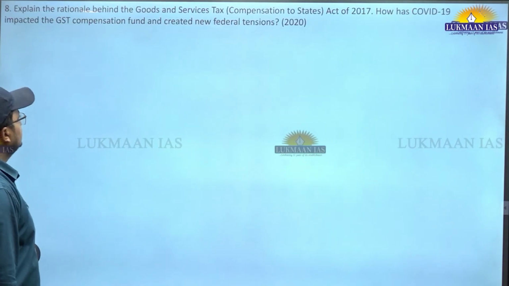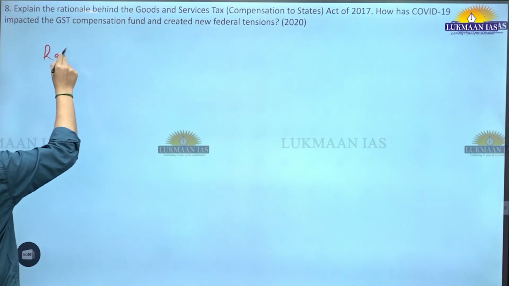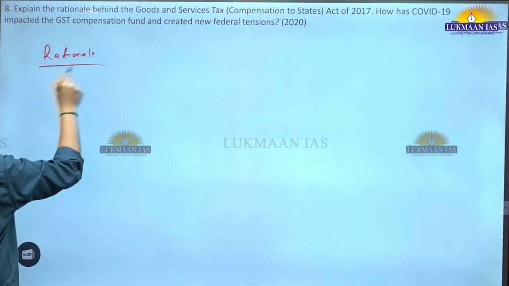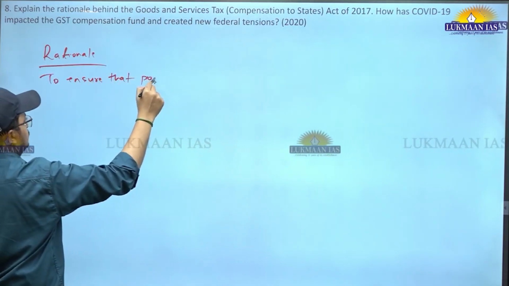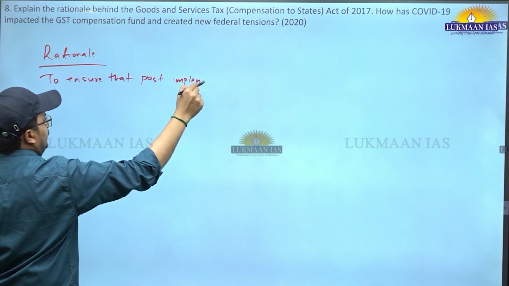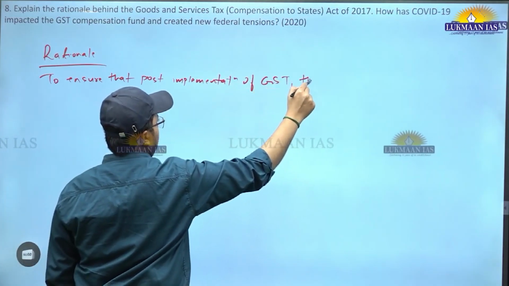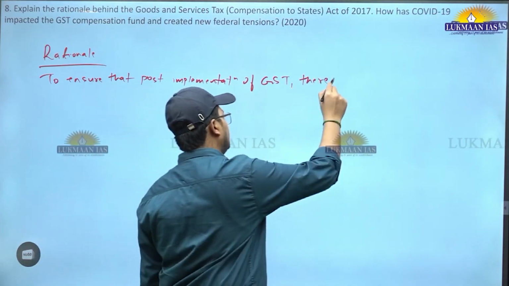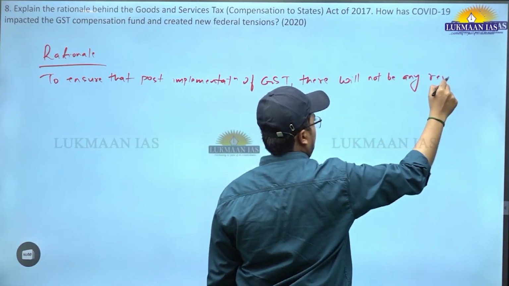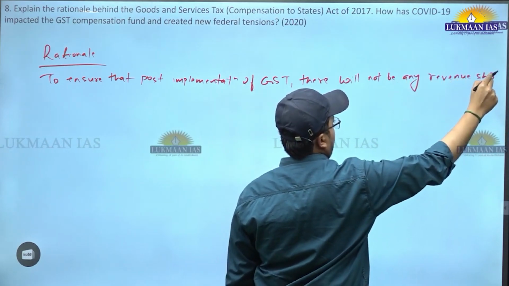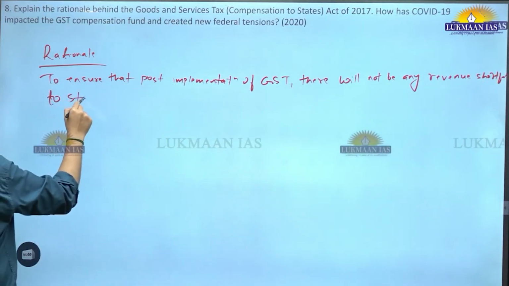Explain the rationale behind the GST Compensation to States Act of 2017. So the rationale was to ensure that post implementation of GST there will not be any revenue shortfall to state governments.